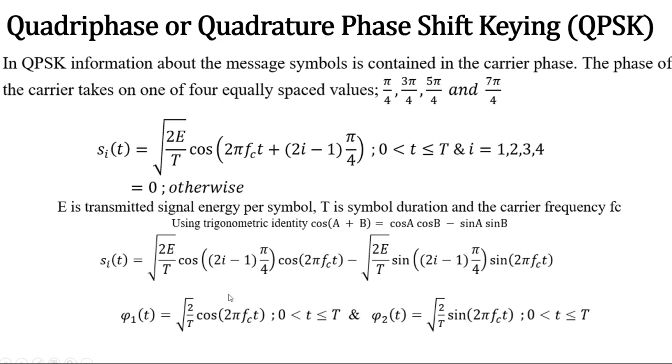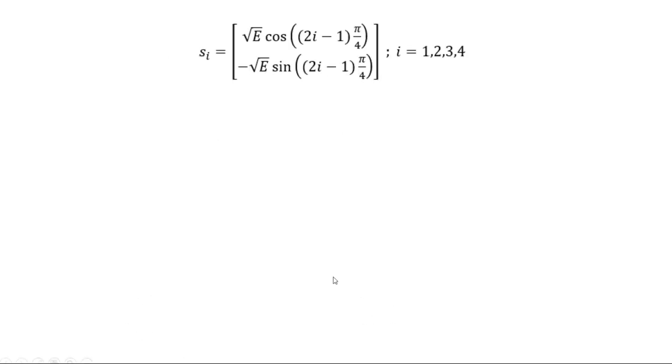By substituting the different values of i, that is i equal to 1, 2, 3, 4, you will have 4 message points s1, s2, s3 and s4. Each signal is 2-dimensional because of the 2 basis functions, so each message point has 2 coordinates.